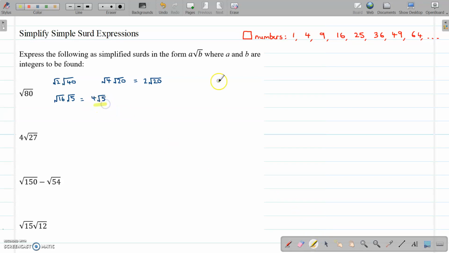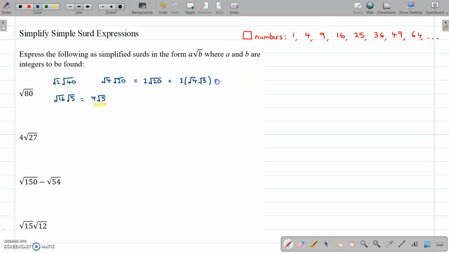That could have come from the earlier one if you'd carried on. If I had chosen to carry on with 2 root 20, I could have written it as 2 times root 4 root 5, and root 4 root 5 is the same as 2 root 5.